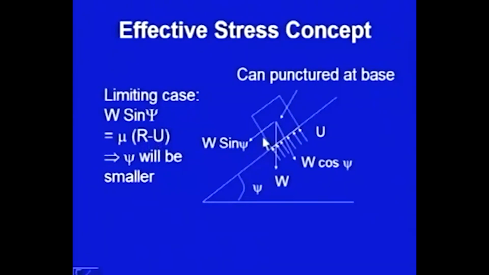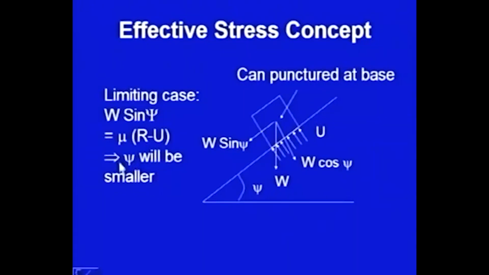Now, if you consider the equilibrium of this body, the destabilizing force is W sin psi, and the stabilizing, resisting force, the frictional force which is developing here at the interface, will be equal to mu times (R minus u).